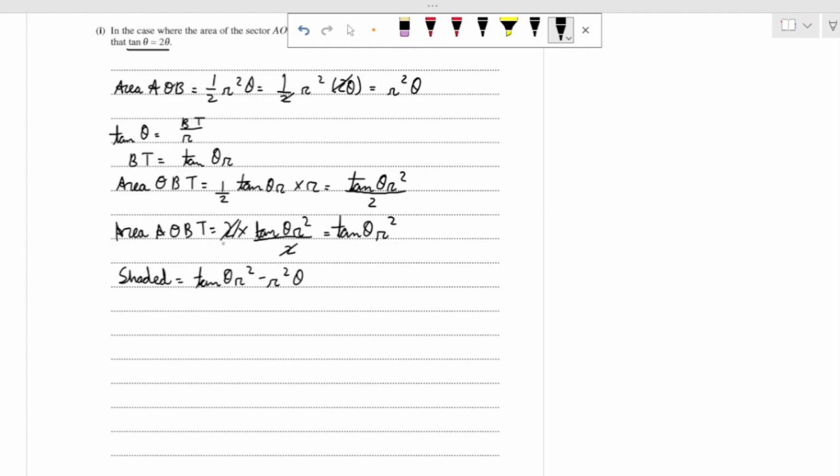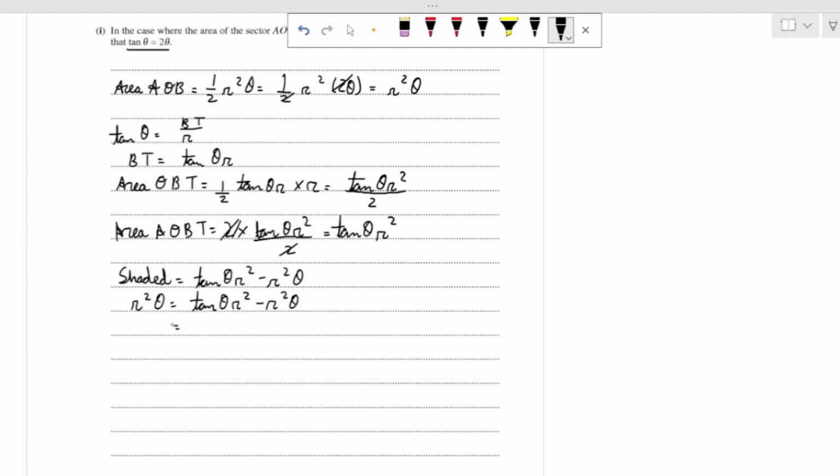So now if we look back up to the question where they said that area of sector AOB is the same as area of shaded region, now we can equate both of them. Area of the sector is equal to the area of the shaded region, tan theta r square minus r square theta. And now we have found the final equation.